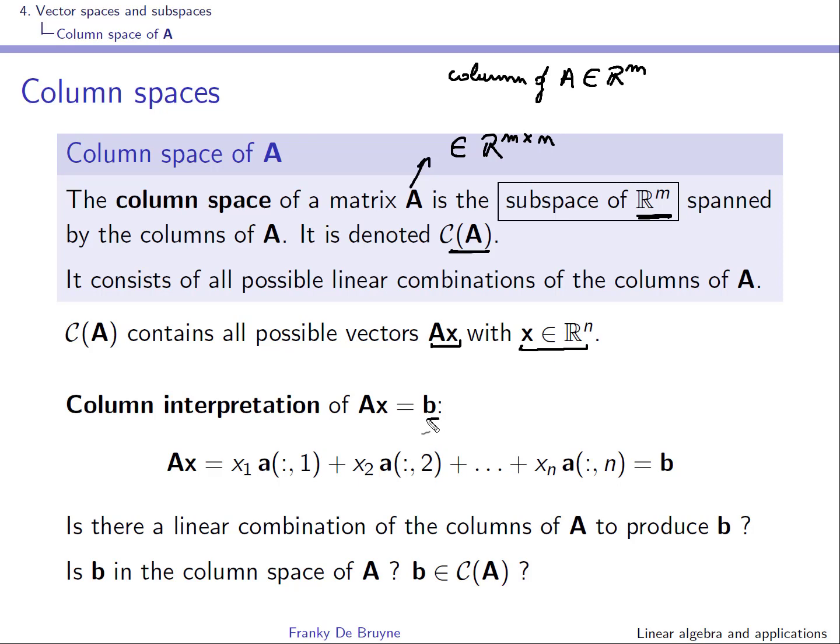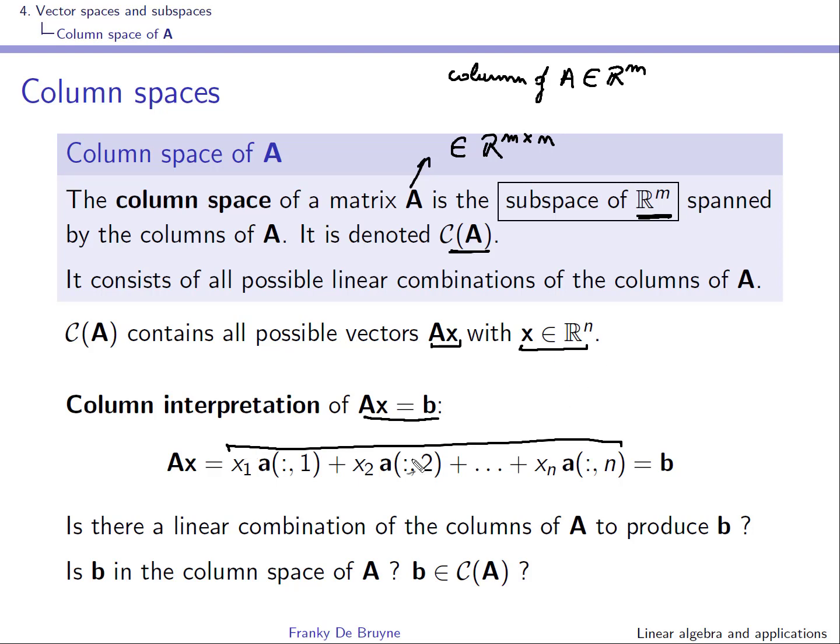Remember the system of equations Ax equals b, and we have seen that one interpretation of that is: is there a linear combination of the columns of A to produce b? Ax can be written like this. It's indeed a linear combination of the columns of A. It's x1, the first element of x, times the first column, plus x2, the second element, times the second column, and so on.